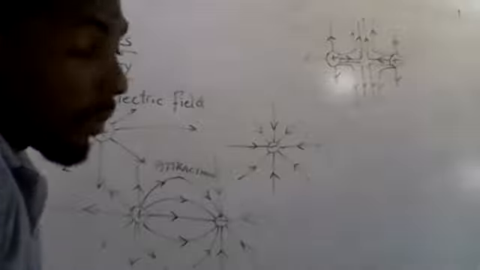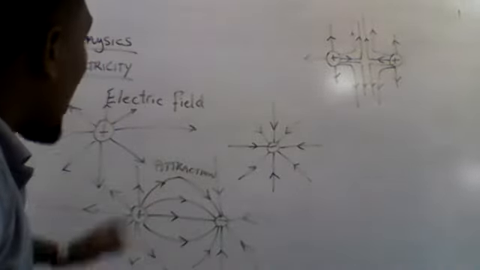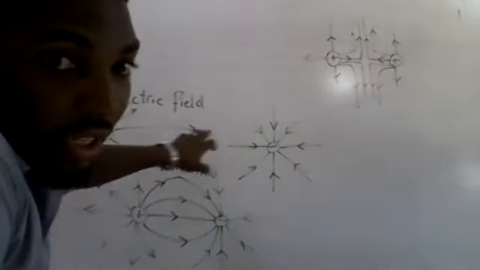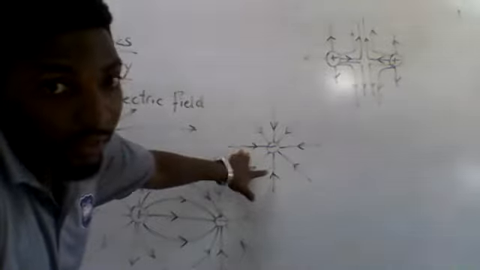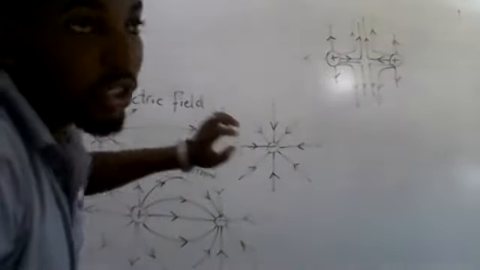So this is what happens when you look at the electric field lines of different point charges. You have the positive charge and the negative charge. The field lines go away from the positive charges, and towards the negative charges.